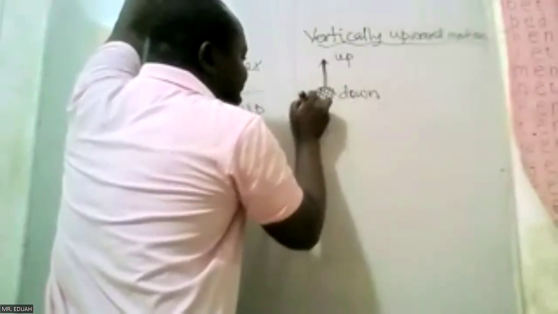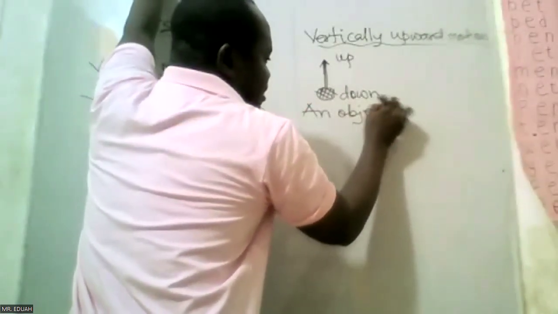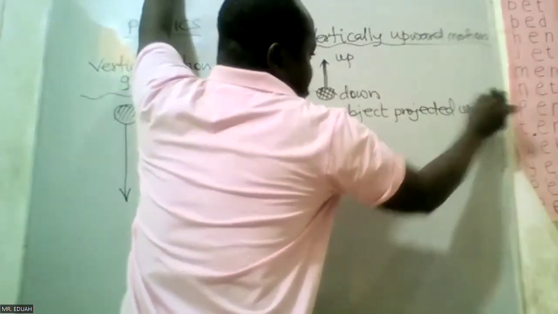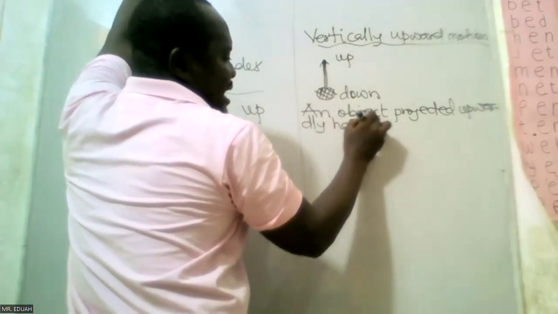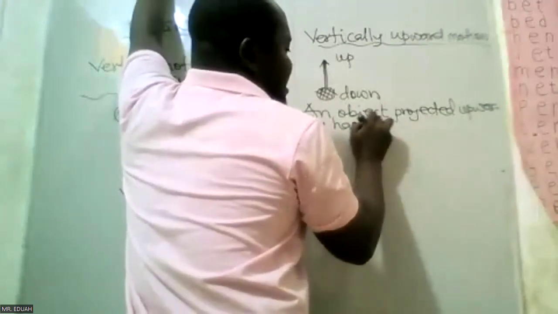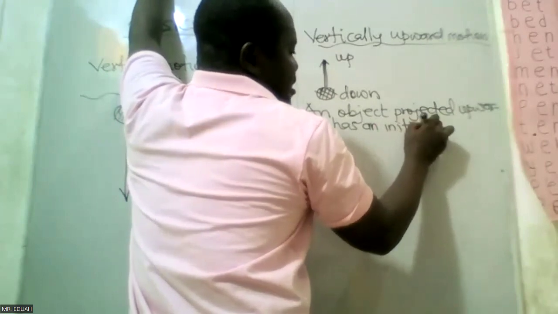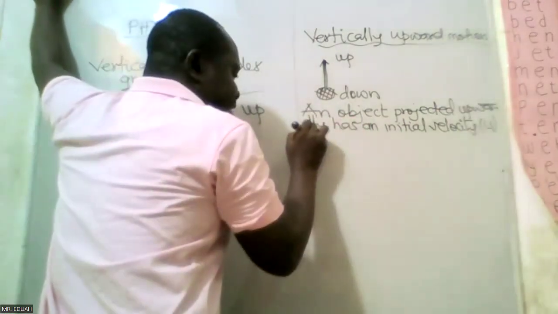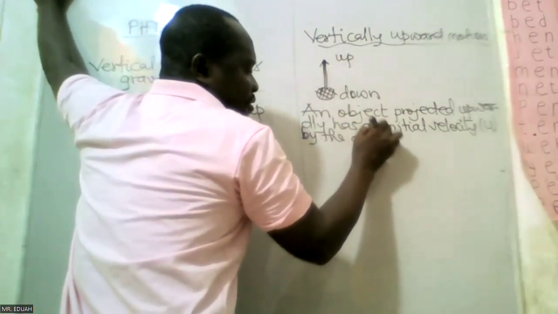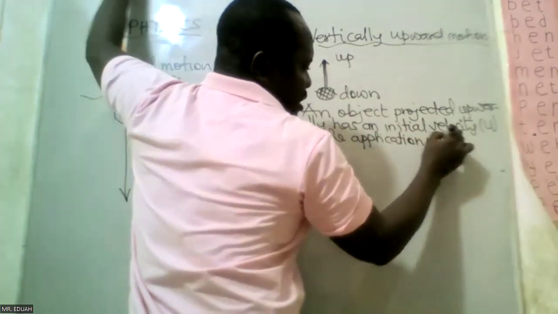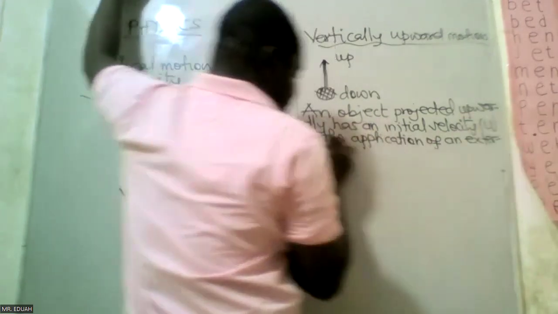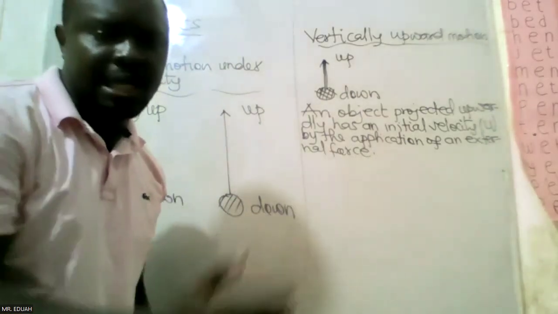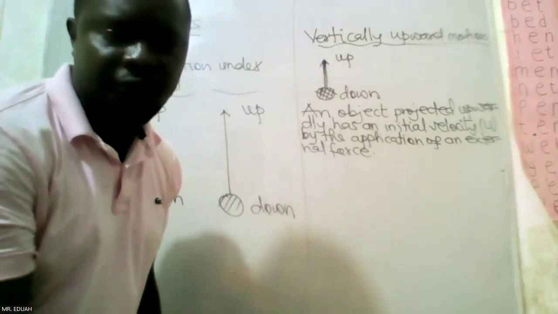So an object projected upwardly has an initial velocity u by the application of an external force.